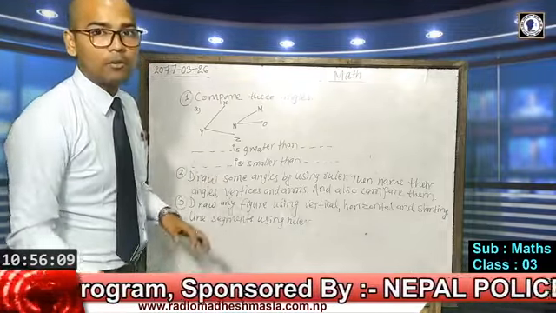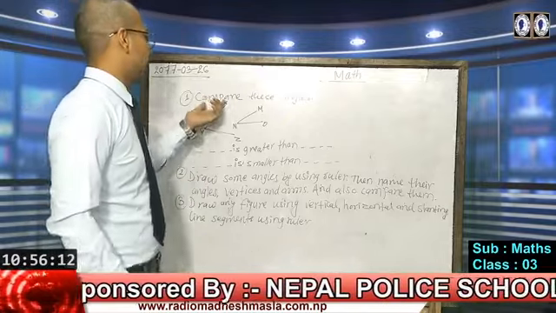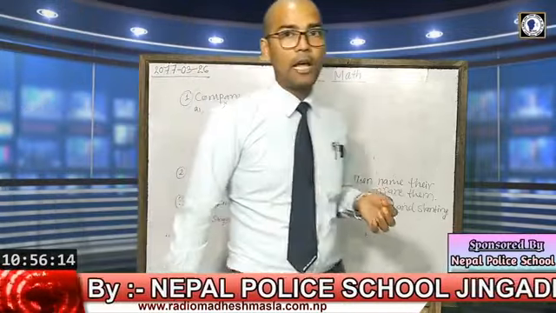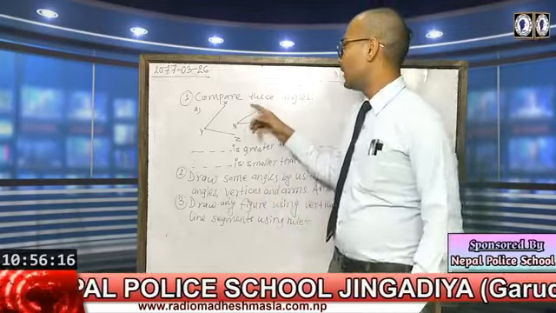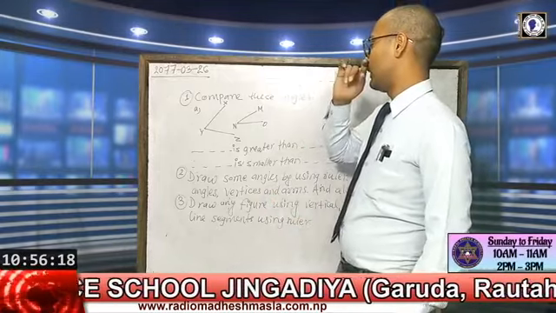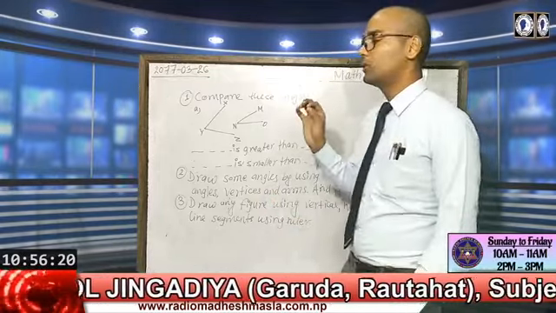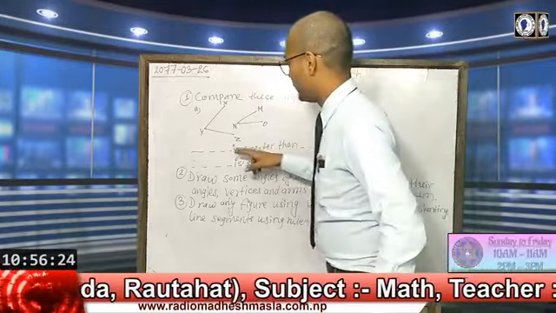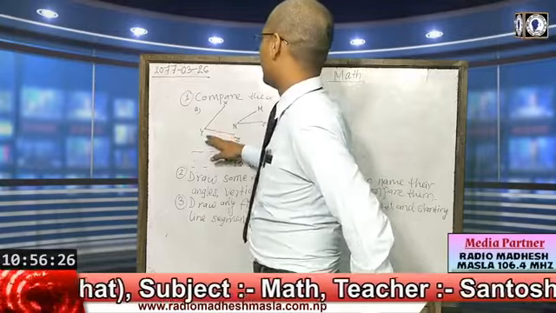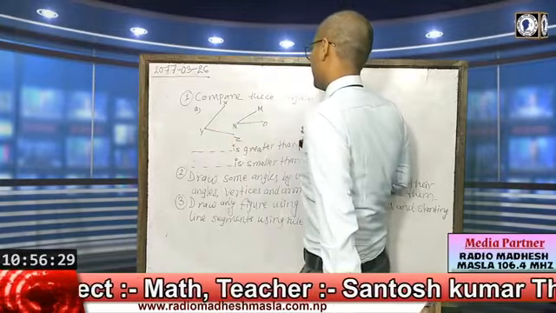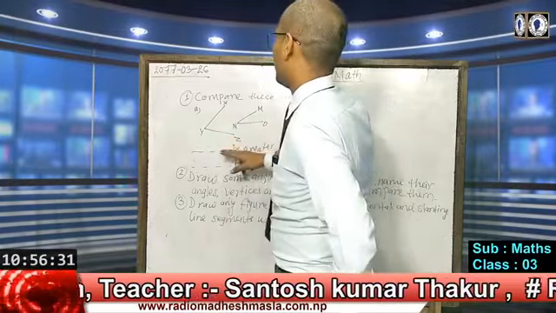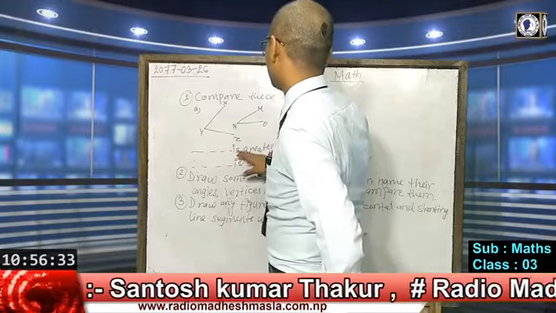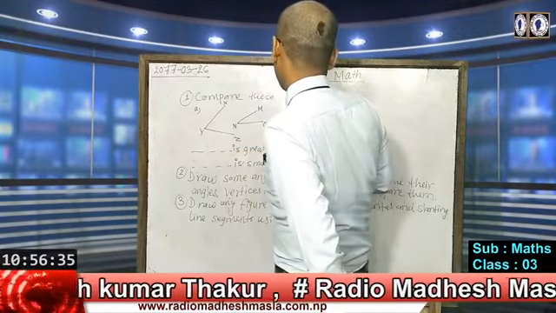So in question number 1, the question given is: compare these angles. Students, as we learned, compare means we should identify which angle is greater and which is smaller than the other. So you have to write the name of the angle. Fill in the blank: dot dot dot is greater than dot dot dot.